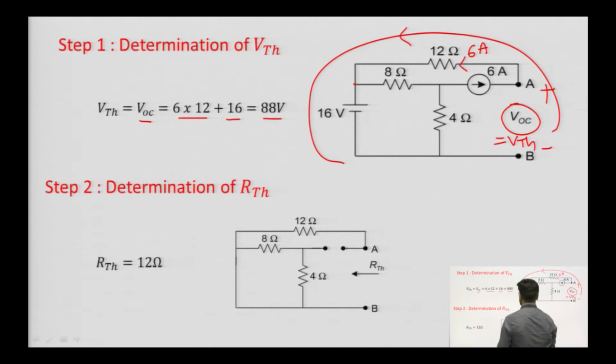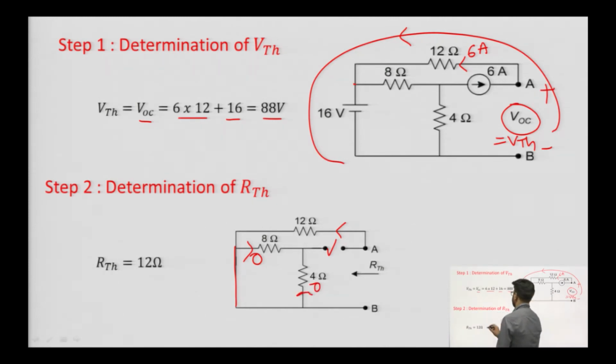Now, we will find the value of RTH. Again, the procedure is the same. To find RTH, we open circuit the current source and short circuit the independent voltage source. The current will go in this direction, and since it is short circuited, no current will flow in the other directions.